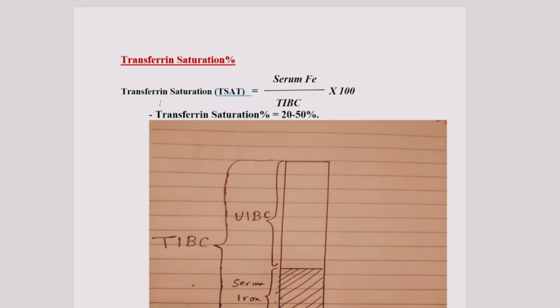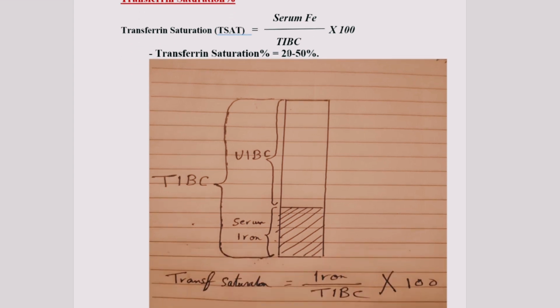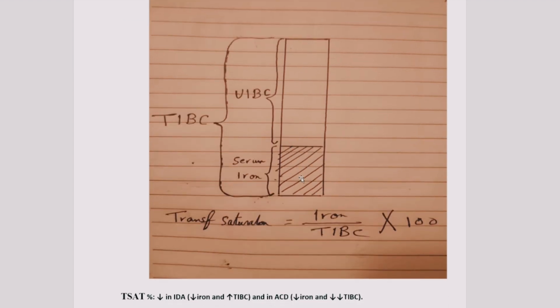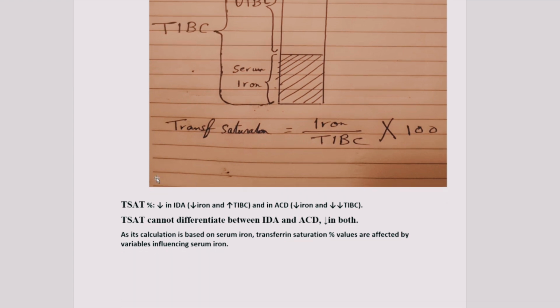Third test is transferrin saturation. It's calculated from serum iron divided by TIBC multiplied by 100%. Its reference interval is 20 to 50. This is serum iron concentration, and this is TIBC. Iron divided by TIBC multiplied by 100% equals transferrin saturation.